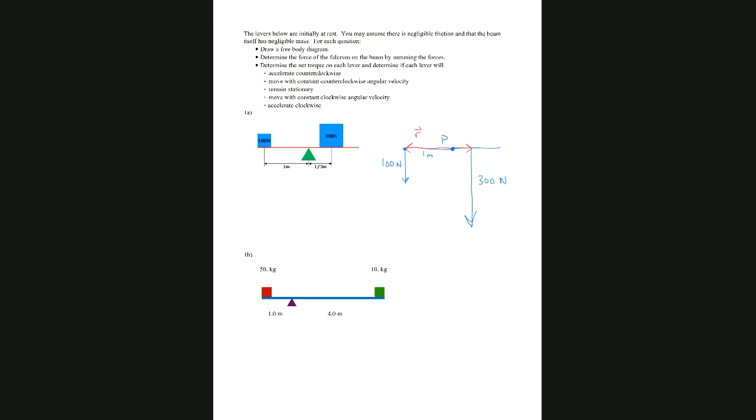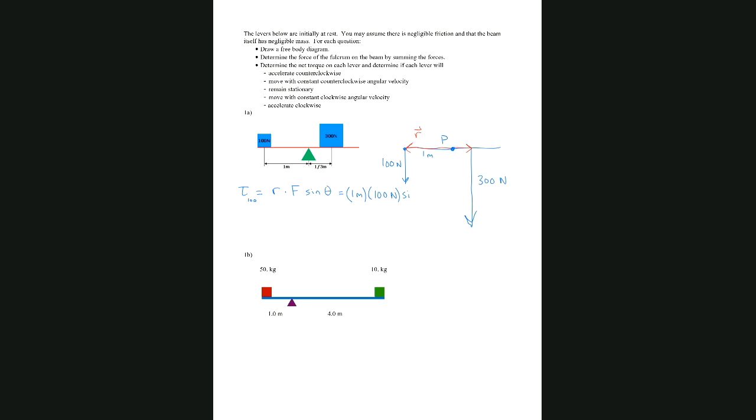So the torque due to the force on the left will be that R vector times the magnitude of the force. And then we could also use the sine of the angle between them. That's part of the torque formula. So the torque of the 100 is going to be 1 meter, 100 newtons.